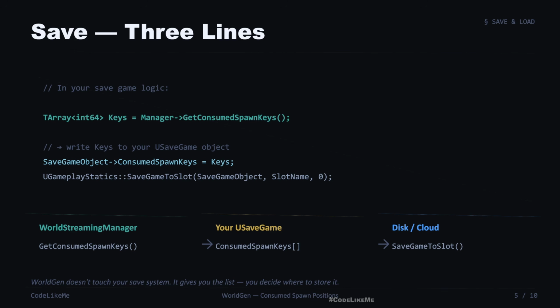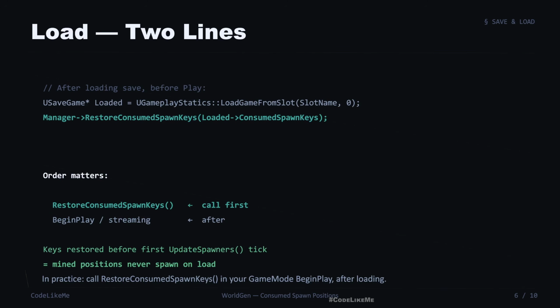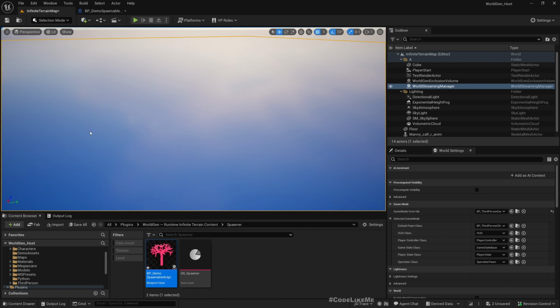Then next time you load the game, you get these consumed spawn keys from your save game object, and you call the RestoreConsumedSpawnKeys function on the manager.